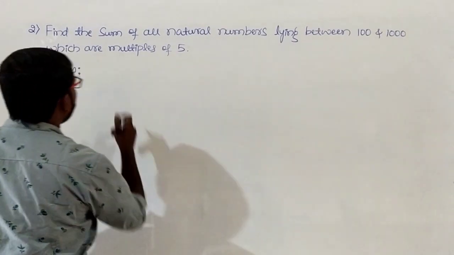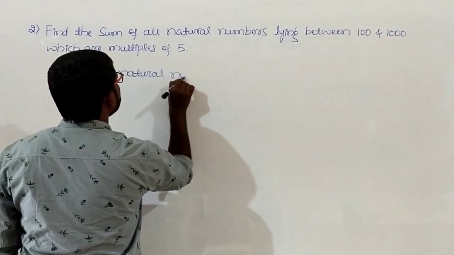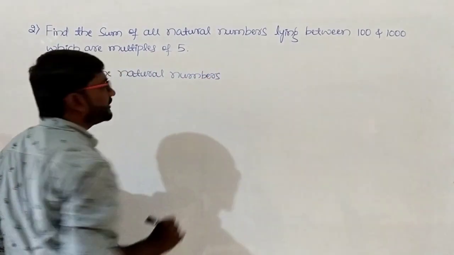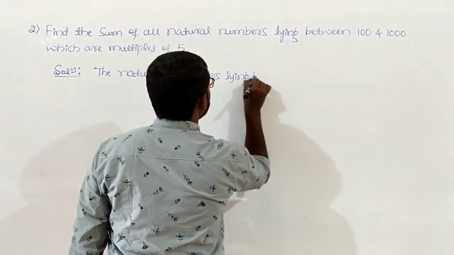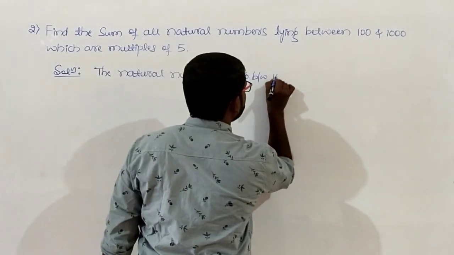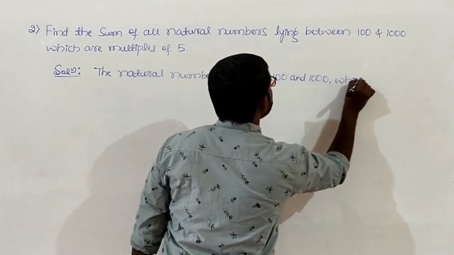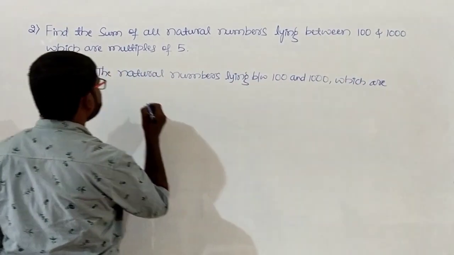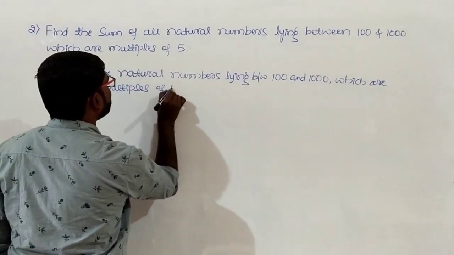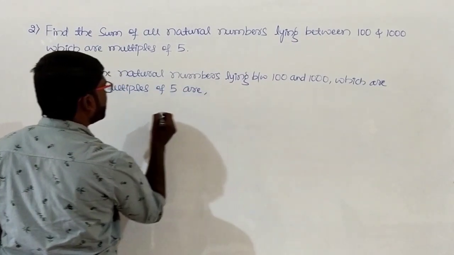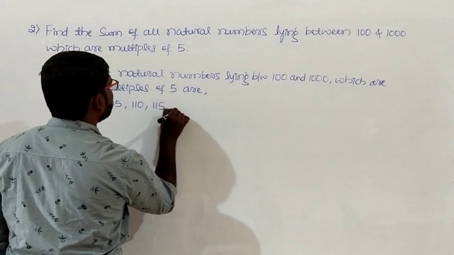So here, the natural numbers lying between 100 and 1000 which are multiples of 5 are, so here we get 105, then 110, then 115 and so on.